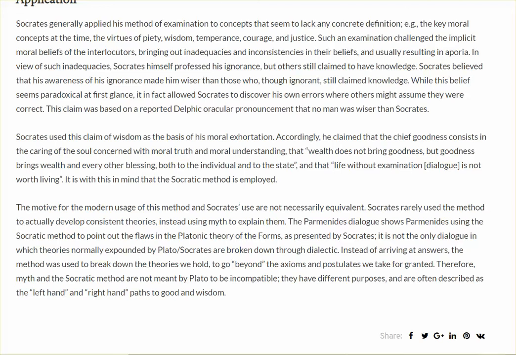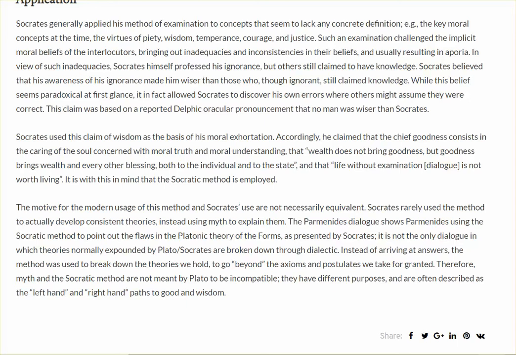Now, what he actually did was use the claim of wisdom as the basis of his moral exhortation. He worked on the virtues of life. He claimed that the chief goodness consists in the caring of the soul, concerned with moral truth and moral understanding, that wealth does not bring goodness, but goodness brings wealth and every other blessing, both to the individual and to the state.